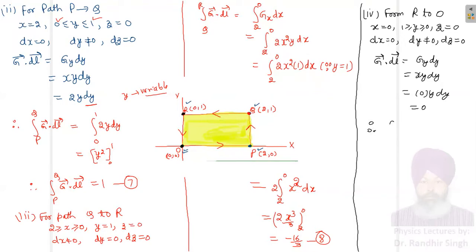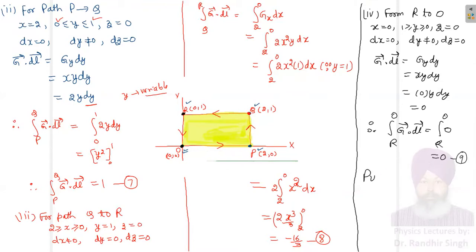Therefore, integration from R to O of g dot dl will be equal to integration of 0 from R to O, and this answer will be 0. This is equation number 9.